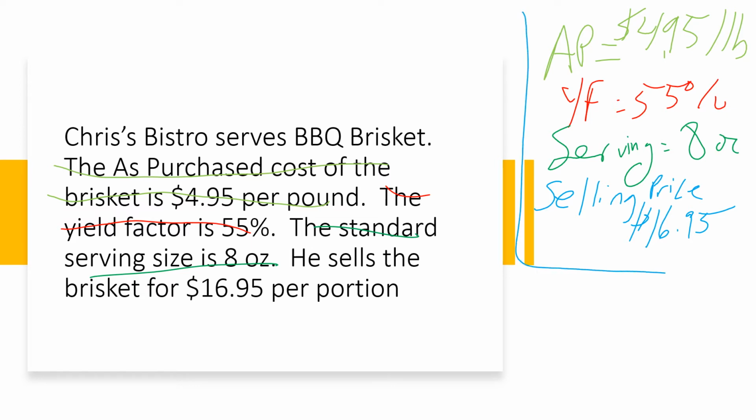Does this right here look more familiar? Things that you can recognize and that we've talked about? Have we not talked about our selling price before? Have we not talked about a standard serving size? We've just introduced yield factor, so we're going to see how that works in just a little bit. And as purchased, that's how much we buy it for, $4.95 per pound. So we have all those things taken care of.